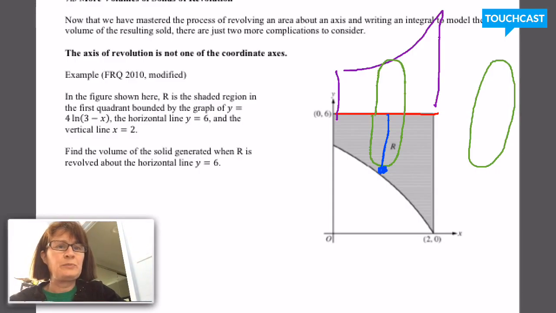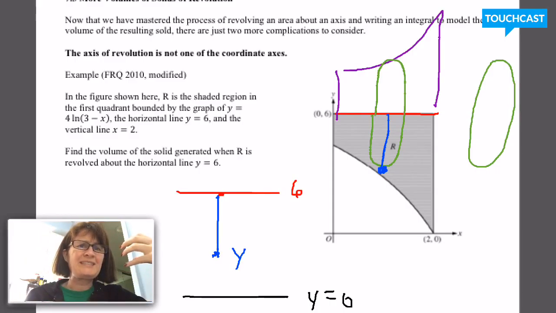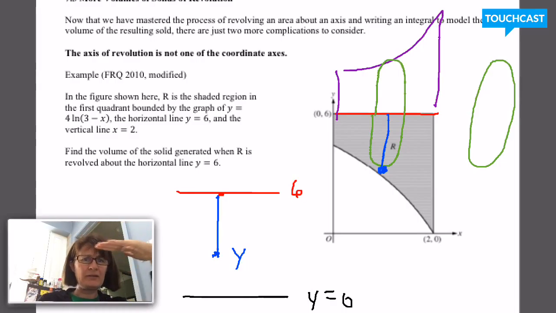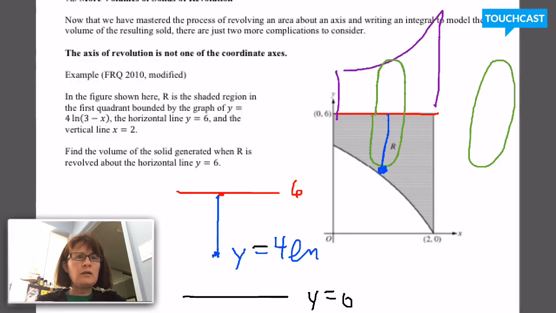So imagine a picture. Okay, so I tried to make a similar little picture here. The top boundary of my blue radius is the line y equals 6. The bottom boundary of my blue radius is this function y equals, let's make it blue, 4 natural log of 3 minus x.